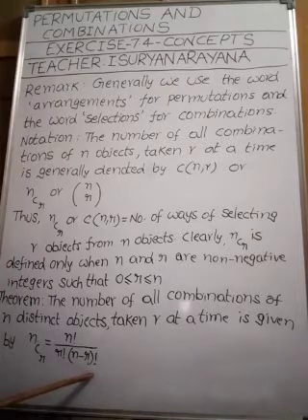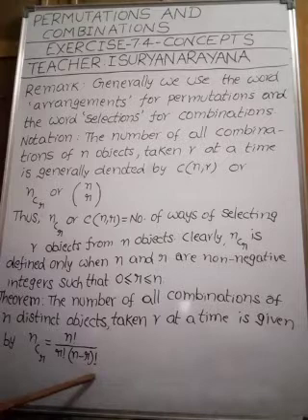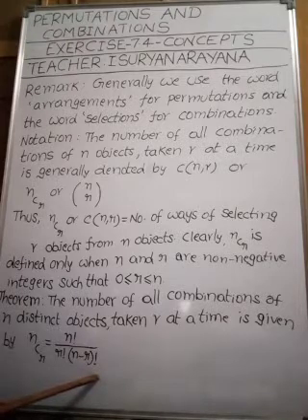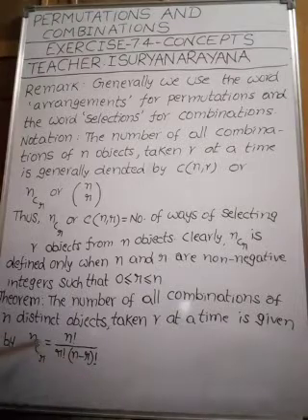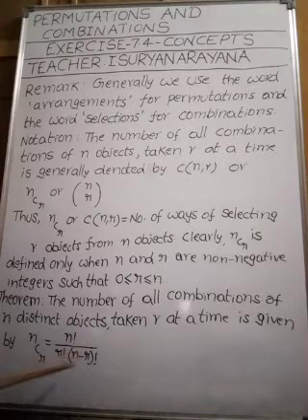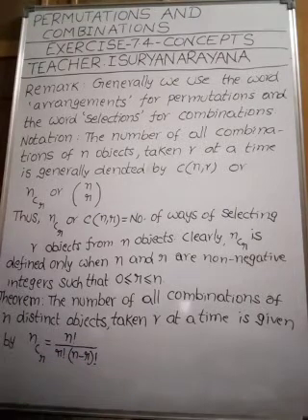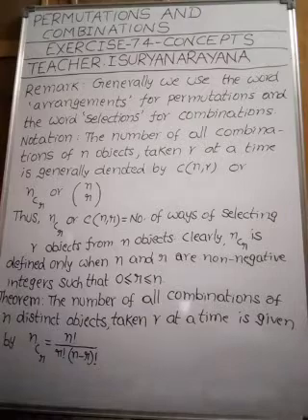Remember this formula. nCr is equal to n! / (r!(n − r)!). Understood this point?